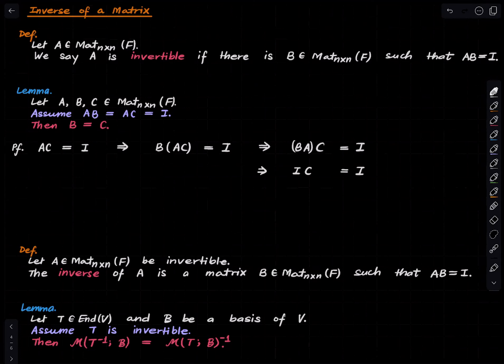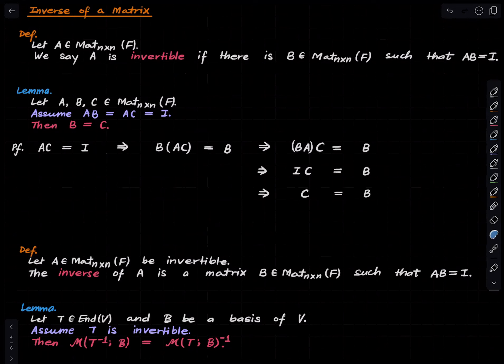Because we know that A times B is identity, and by the previous page, this means that B times A is also identity. So this gives that the left side is B. Here I meant to write a B. Once again, we had this equation, we just multiplied by B on both sides, and then we used associativity of the product. We wrote this thing as that thing, and B times A is identity because A times B is identity, and therefore C is equal to B. Sorry for the little slip there.